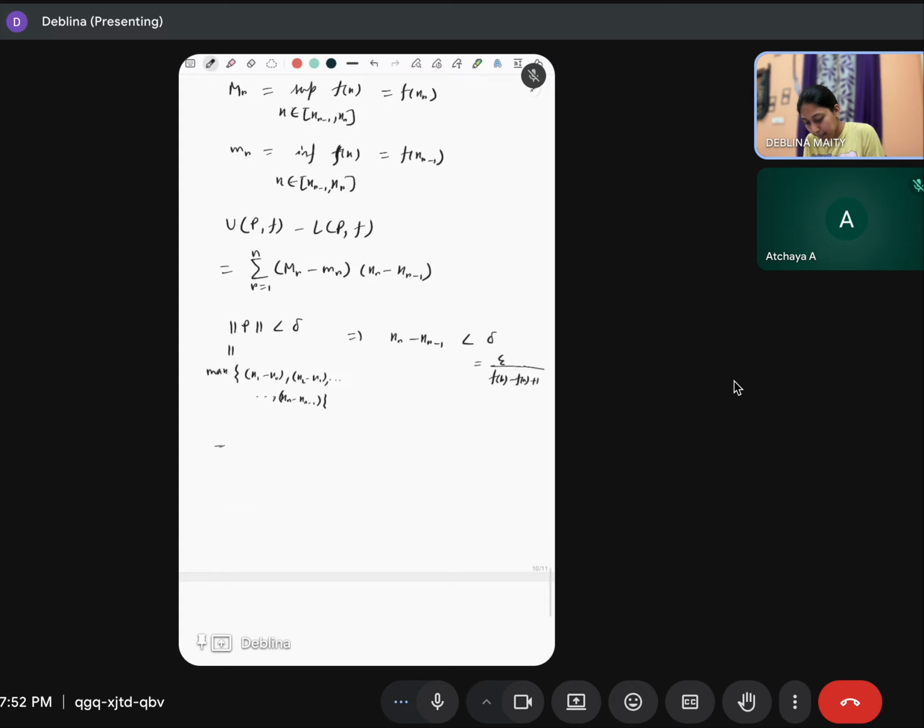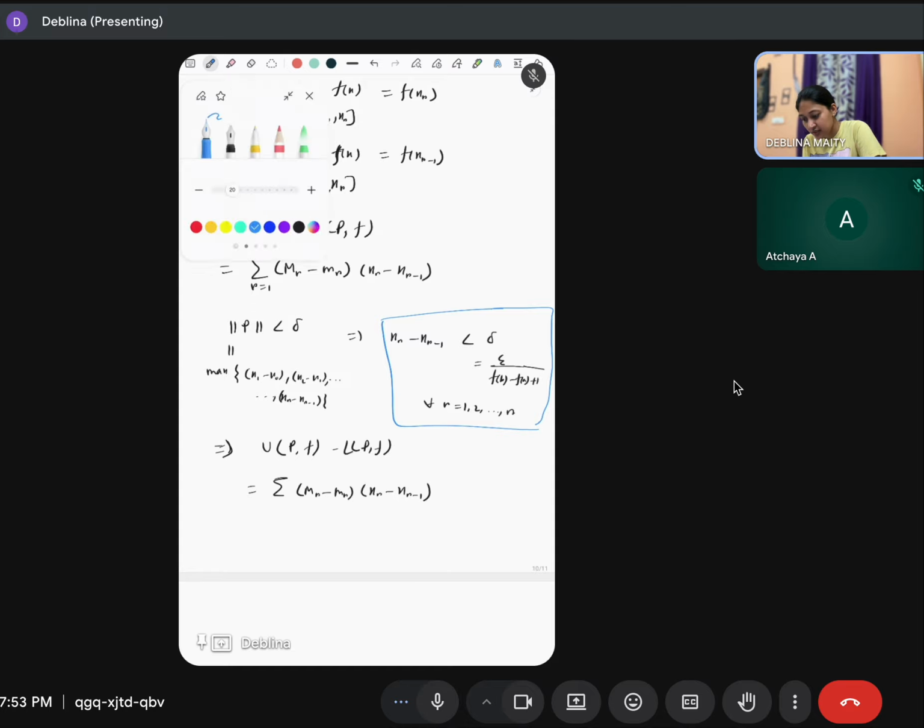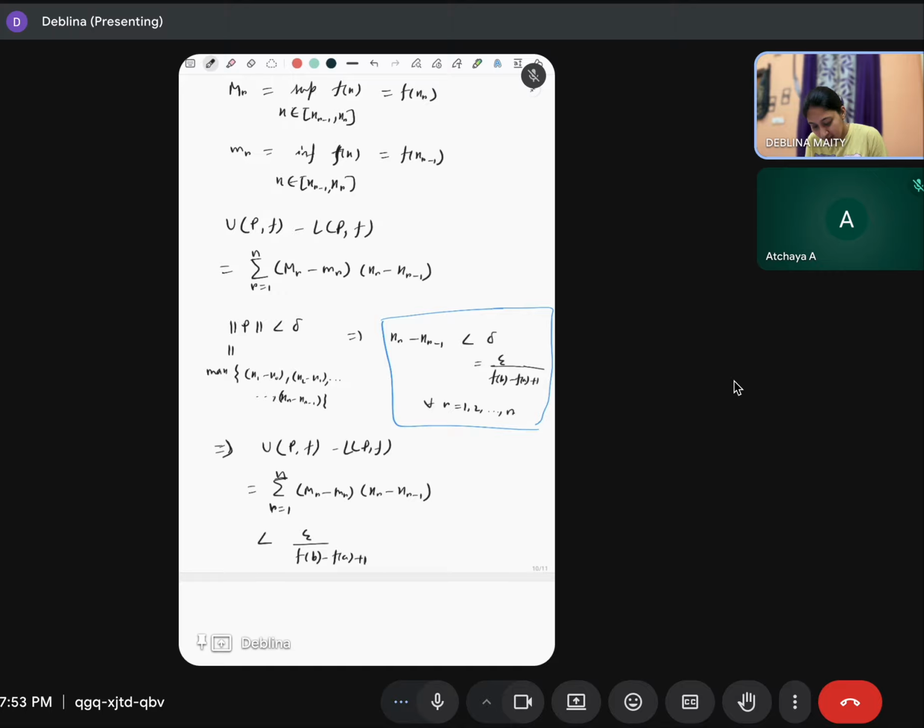Then from this inequality for U(P,f) minus L(P,f), since xr minus x(r-1) is less than delta for all r equals 1 to n, we'll bound it by this number, epsilon by f(b) minus f(a) plus 1.